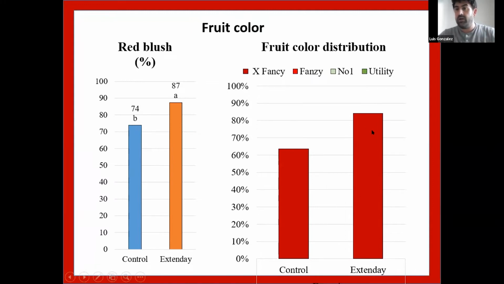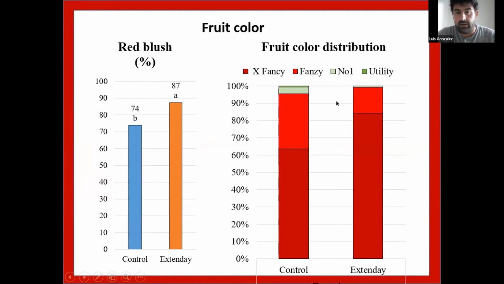In this case, the treatment with Extenday shows 85% of the yield with extra fancy grade. And if you see, the two treatments show a similar percentage of the yield with fancy color.